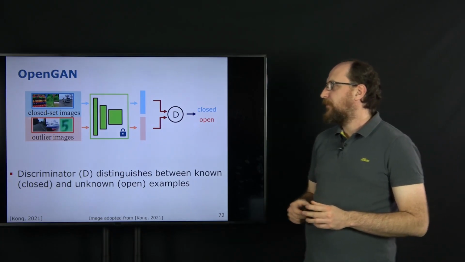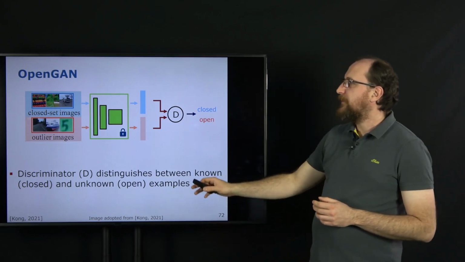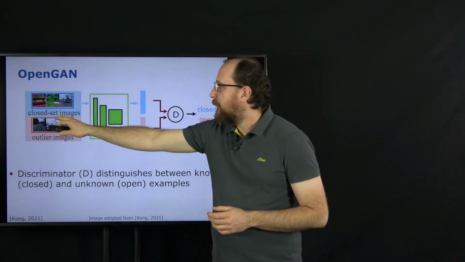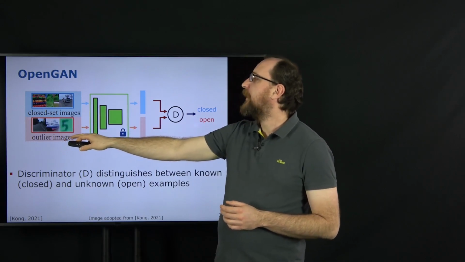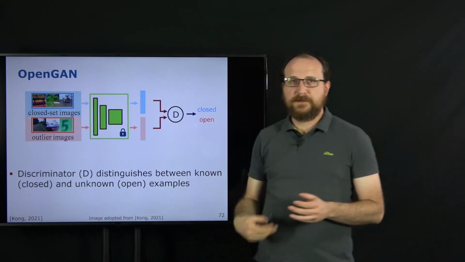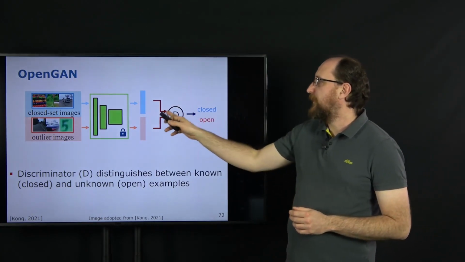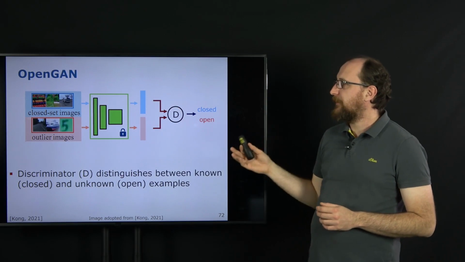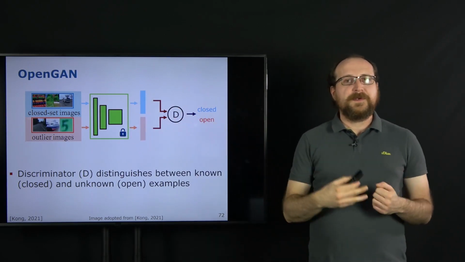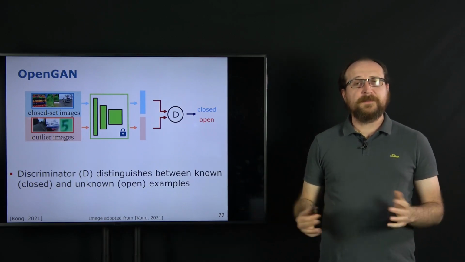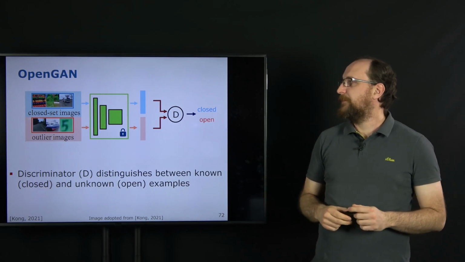So in this case, we are just taking a convolutional network as before, and we are applying this to so-called closed set images, something like COCO, and then we have some outliers that are not present in the class distribution of COCO. And then what we want to learn is basically a discriminator that, based on the features, can classify the images that we know from the training data from images that we don't know, the so-called open set.